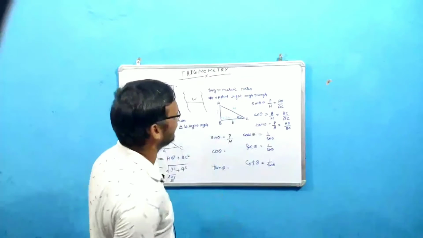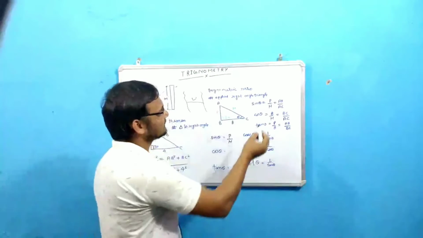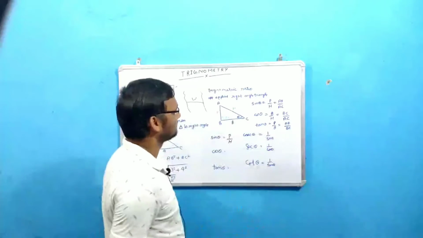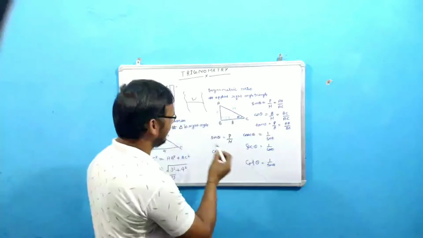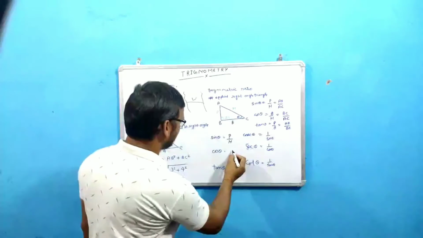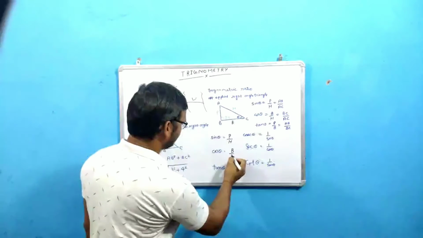And cos theta is the ratio of base upon hypotenuse, means BC upon AC.